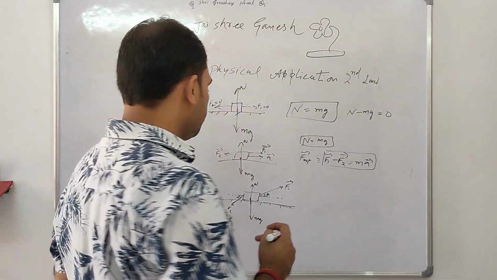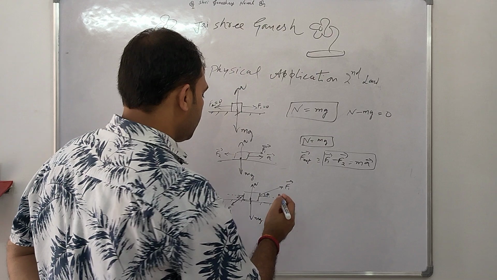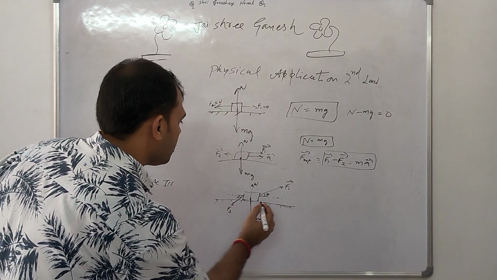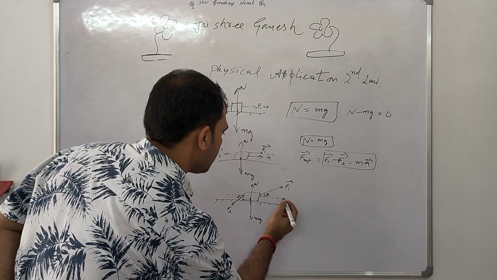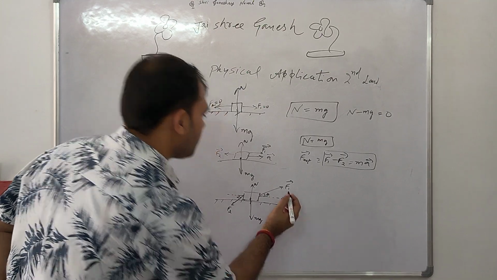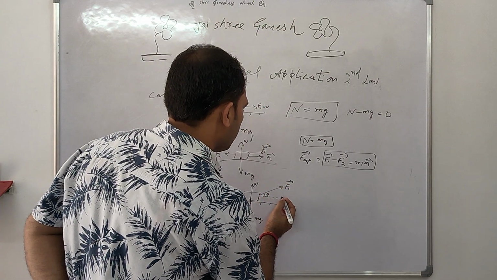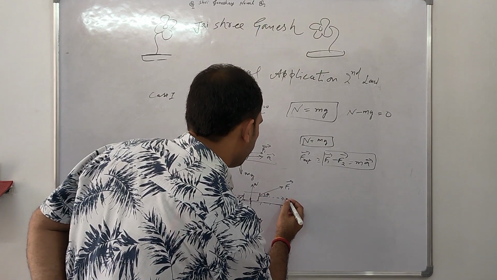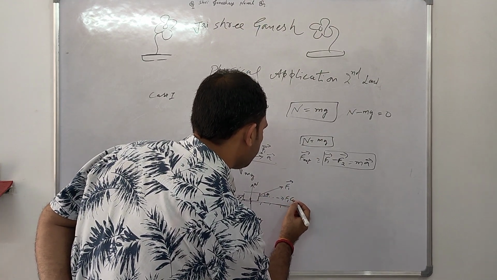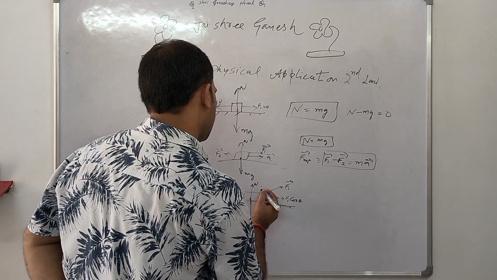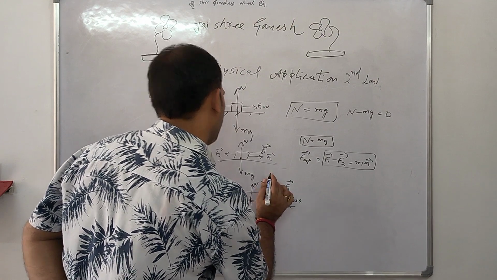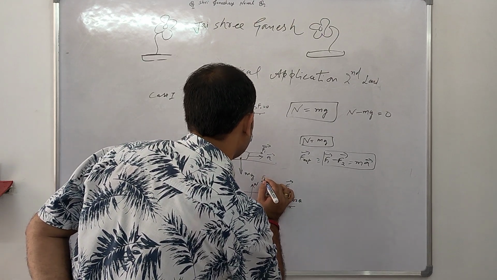Now, first of all, let us consider the components. The horizontal component of F1 will be F1 cos theta, and the vertical component will be F1 sin theta.